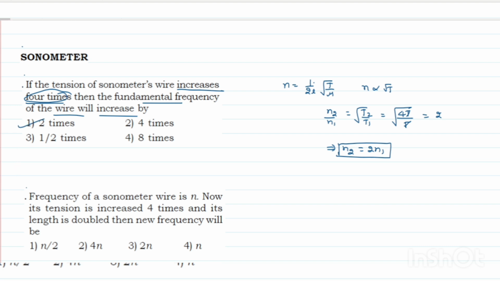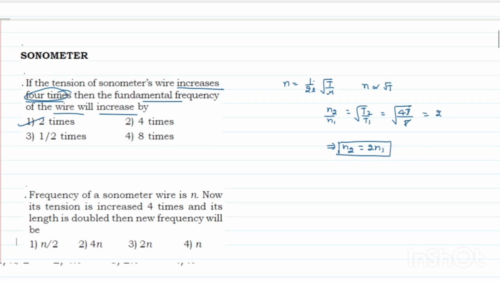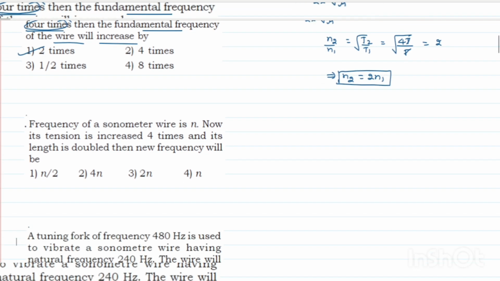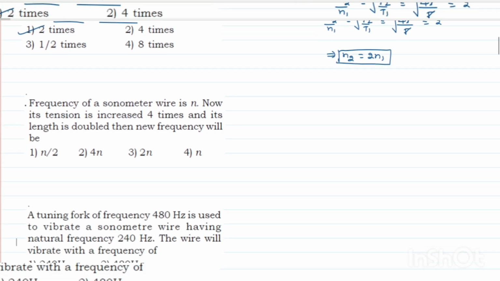Let us see the next question. The next question says the frequency of the sonometer wire is given as N. Now its tension is increased by 4 times, and its length is doubled. Then they are asking for the new frequency. Here N equals 1 by 2L into root over T by mu.